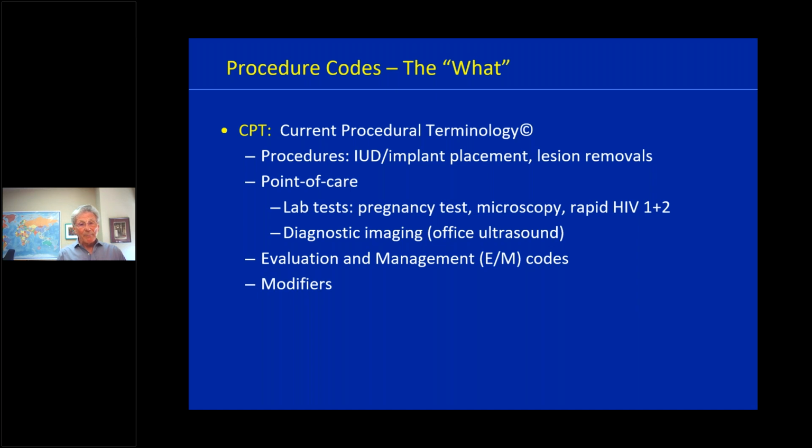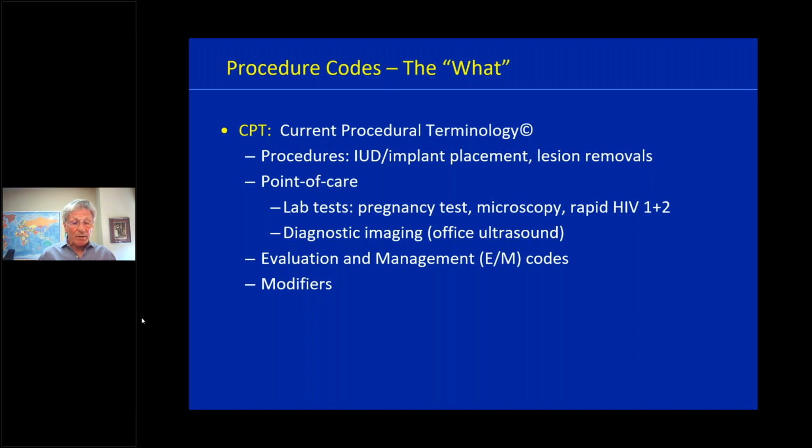Okay, so remember that for procedures, those codes come from something called the Current Procedural Terminology, the CPT book, that's published by the American Medical Association every year. The procedures we're most likely to bill for are IUD or implant placements or removals of, let's say, a genital skin lesion. Number two is point of care tests.